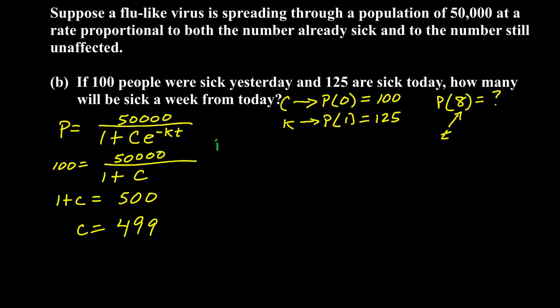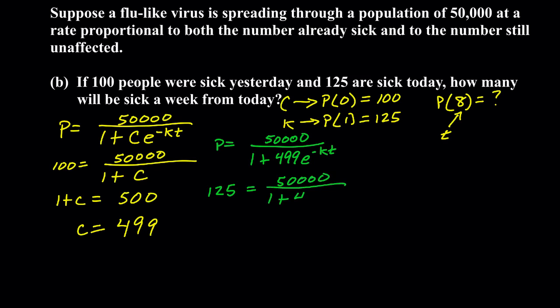Substituting back in is going to give us P is equal to 50,000 over 1 plus 499 e to the negative kt. Now we use our other coordinate, and that will give us 125 is equal to 50,000 over 1 plus 499 e to the negative k.